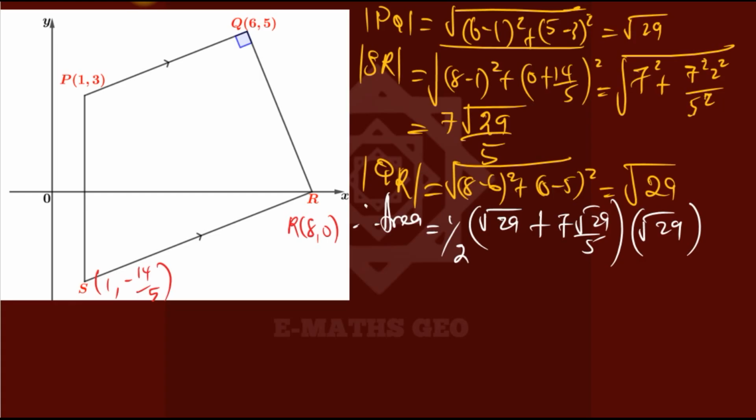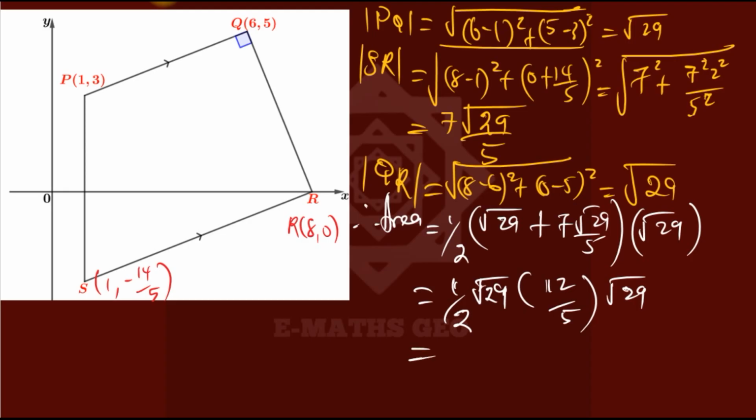If you need, you can factor out the square root of 29 in both. If we factor it, we are left with 1 plus 7 over 5, and 1 plus 7 over 5 is 12 over 5. Root 29 times root 29 is 29.